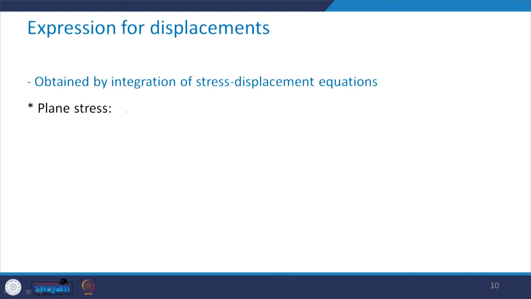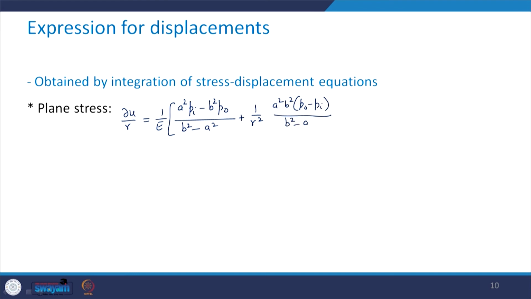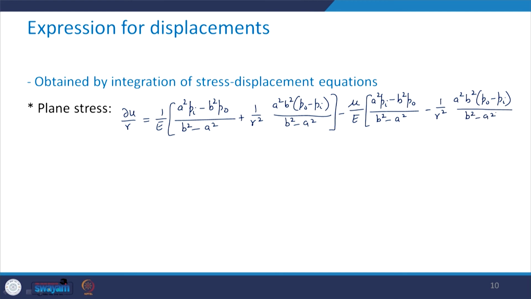So, we get this del u del r as 1 upon E [(a square pi minus b square p naught) divided by (b square minus a square) plus 1 upon r square (a square b square (p naught minus pi)) divided by (b square minus a square)] minus mu upon E into [(a square pi minus b square p naught) divided by (b square minus a square) minus 1 upon r square (a square b square (p naught minus pi)) divided by (b square minus a square)].